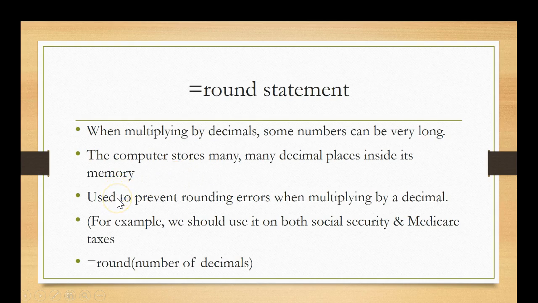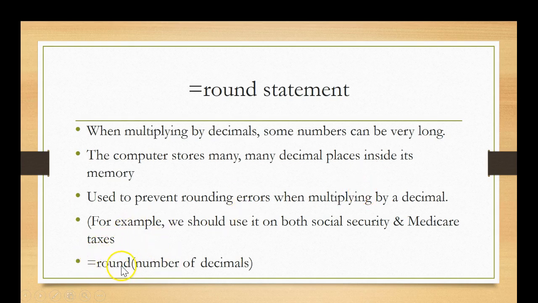So we use this function to prevent rounding errors when multiplying by a decimal. So if you think about the payroll problem that we're working on right now, both Social Security and Medicare have some decimal places in it, so we'll use the round statement to prevent the rounding errors from happening. And here is how it's set up.